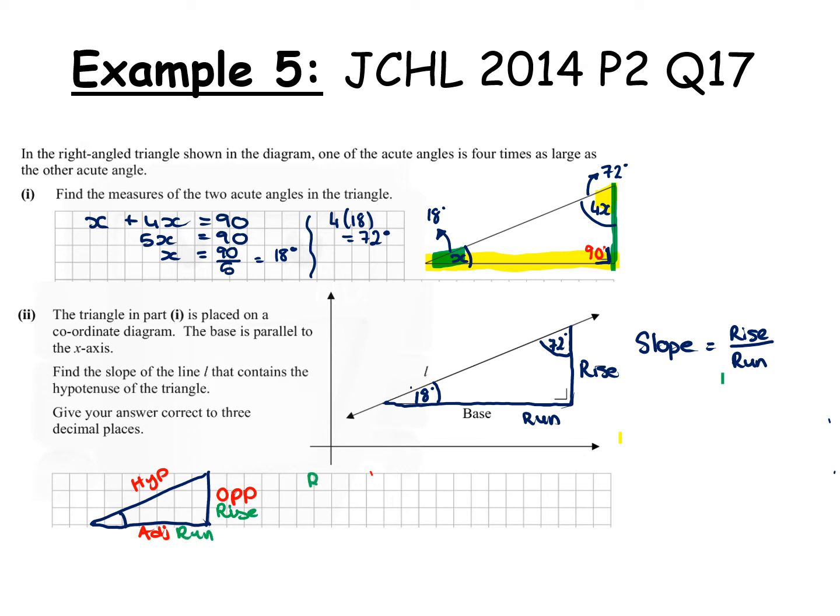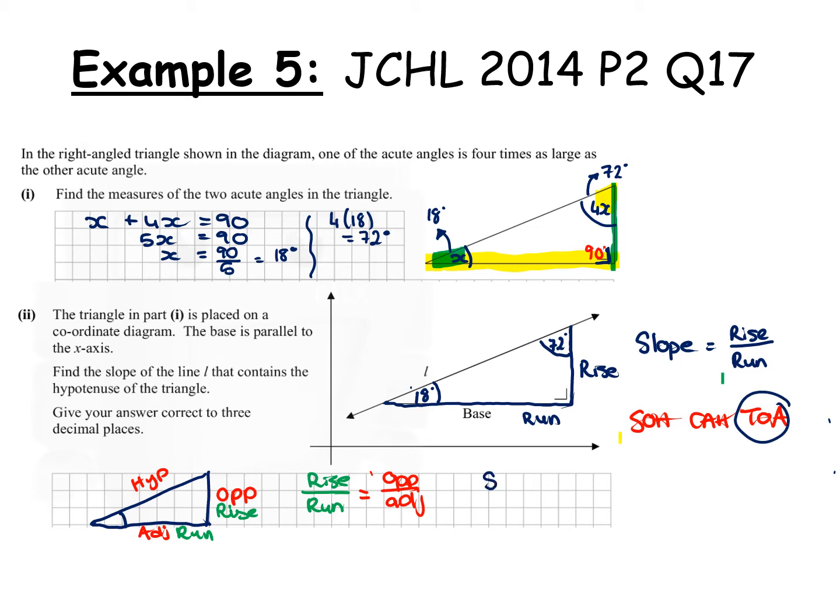So if I do rise over run, in trigonometry terms, that is opposite over adjacent. And if we think back to our trigonometric ratios of SOHCAHTOA, TOA, we are talking about opposite over adjacent, we're talking about tan.